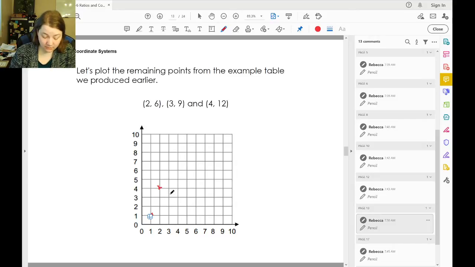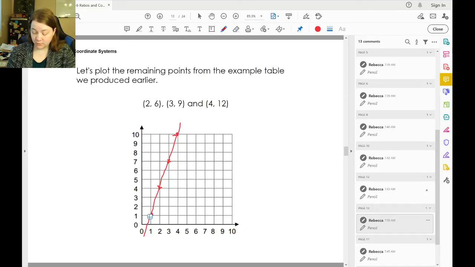And then we had 3, 7. And then we had 4, 10. And I can see that while these do make a line, that line does not pass through the origin. So that is not a ratio table.